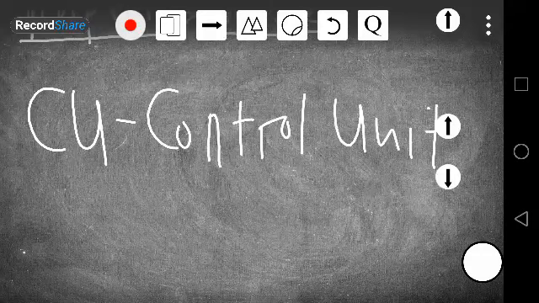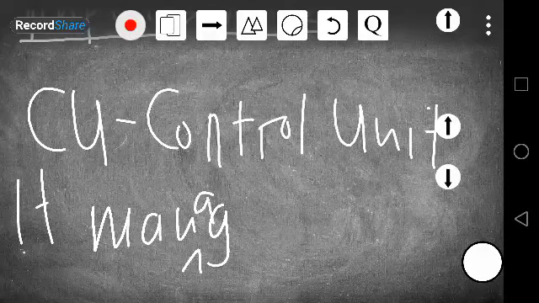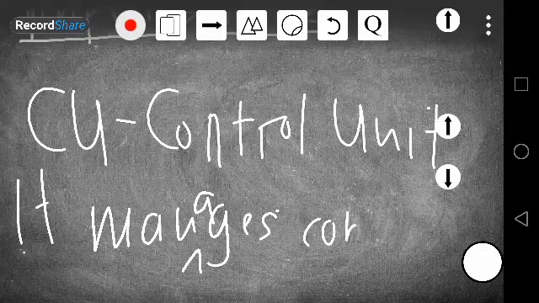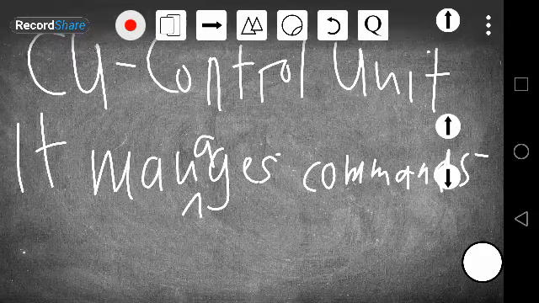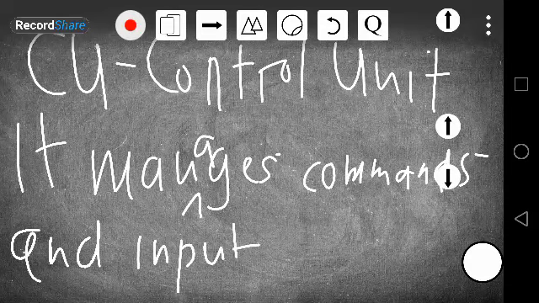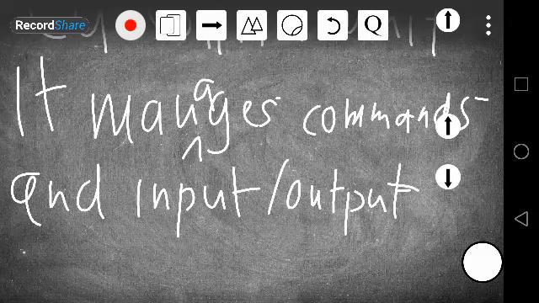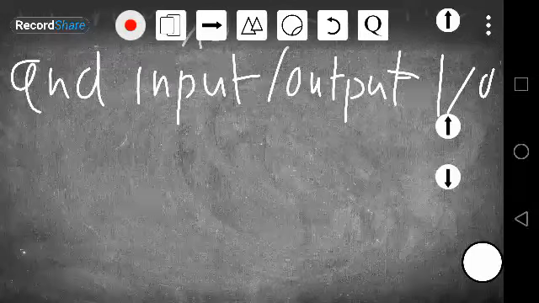What the control unit does is it manages the commands and input output, or shortly it is written as IO.